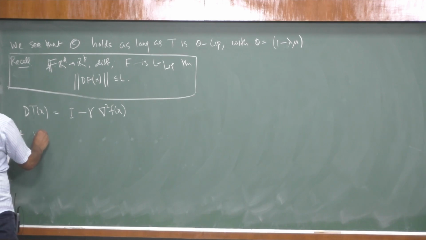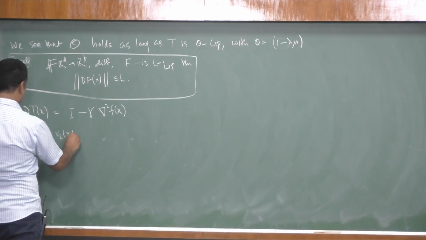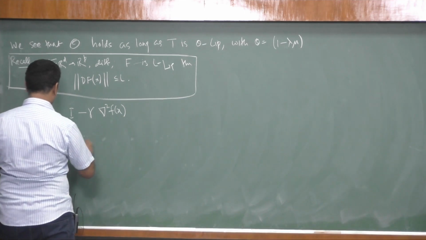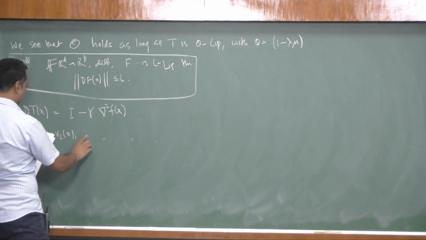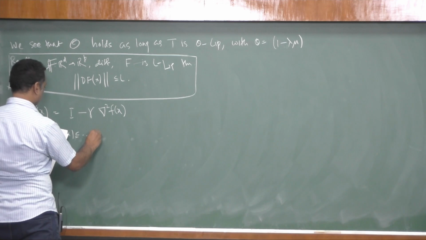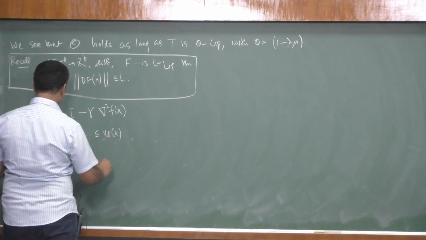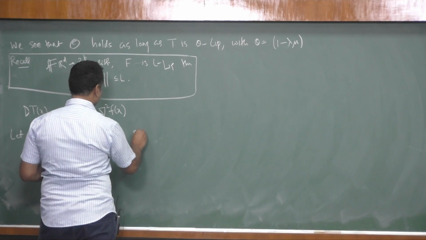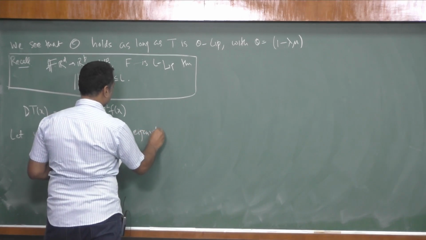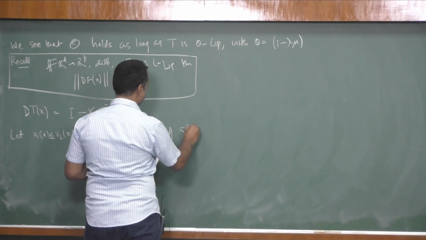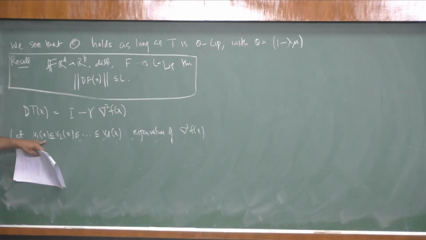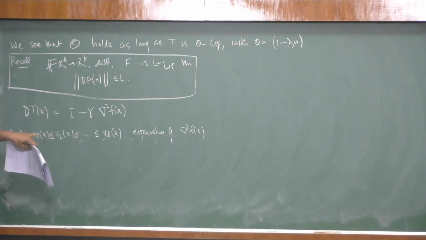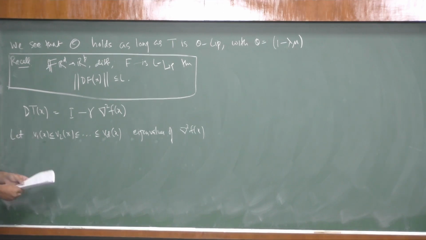Let v1(x) less than or equal to v2(x) and so on up to vd(x) be the eigenvalues of grad square f(x). The reason why we put x is that the eigenvalues will change from point to point, right? At different x I have different Hessian, so eigenvalues are dependent on x. So let these be the eigenvalues, and they are ordered.